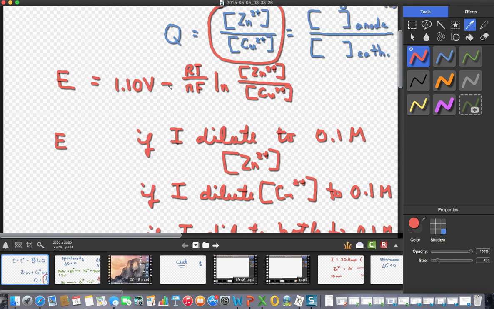A negative times a negative is a positive, and the electrical potential will be greater than 1.10 volts if I make the numerator smaller. Now also, mathematically we could do this. It doesn't make a lot of sense to do this in the lab.